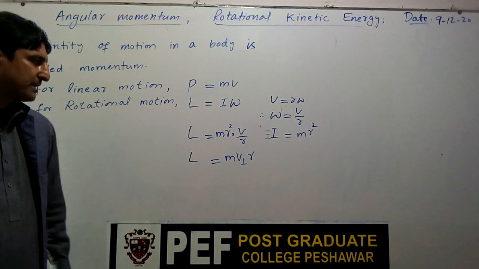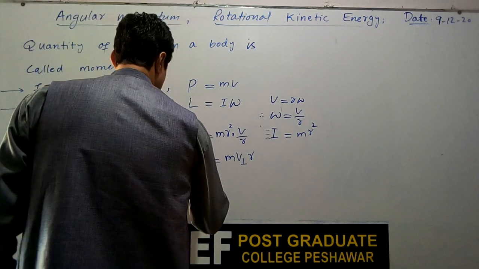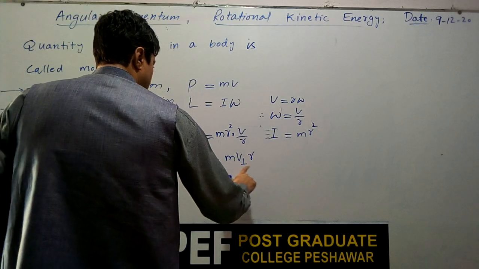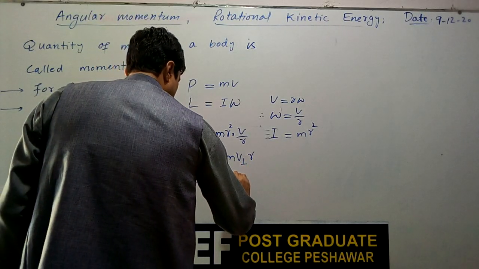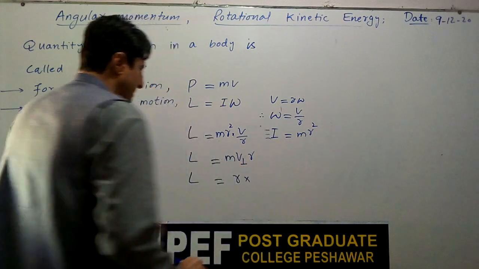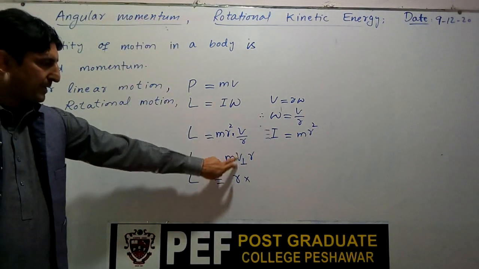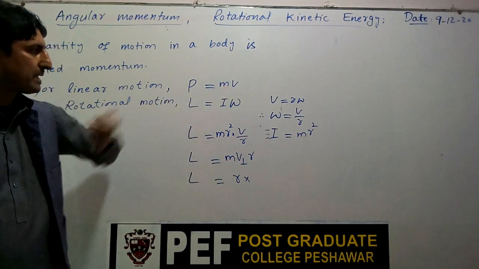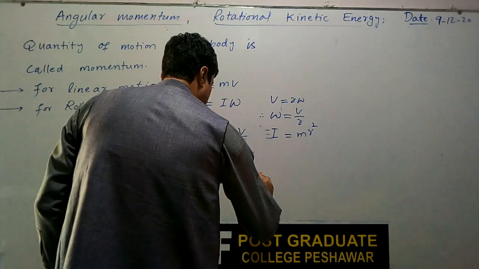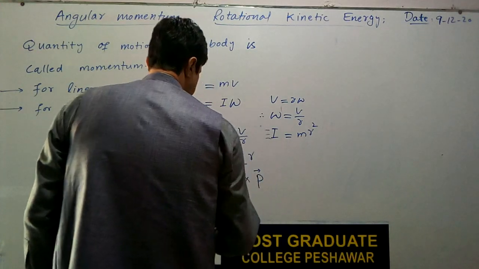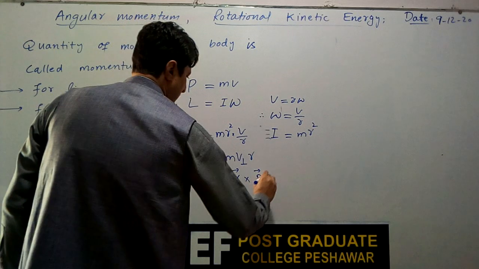Further, we can write this equation as R cross. Instead of m times the perpendicular component of V, we can write mV is P. So R cross P. This is called angular momentum.